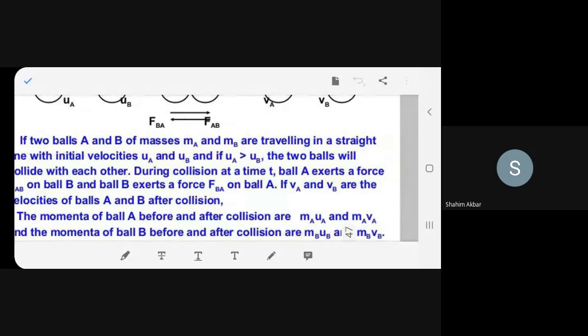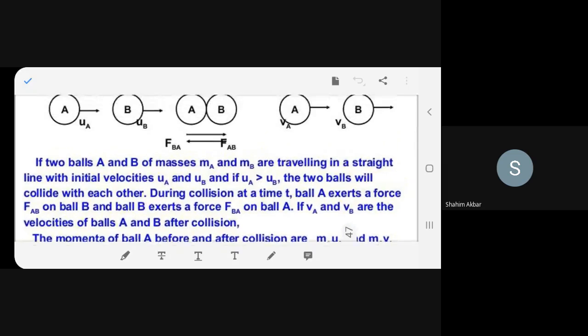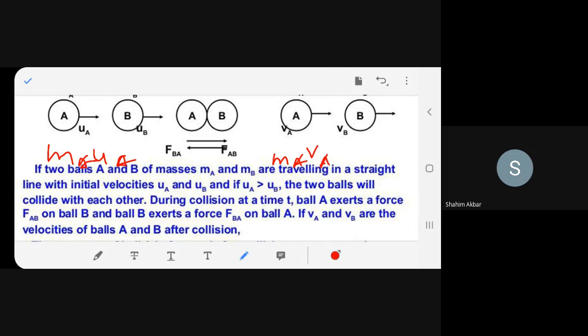So the momentum will be here MAUA and over here MAVA. So this is for A.